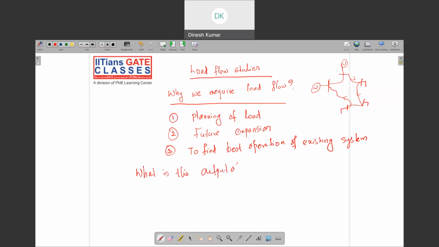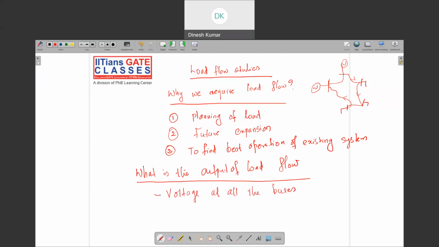What is the output of load flow? Okay. The basic output of load flow is the voltage at all the buses. Voltage at all the buses.